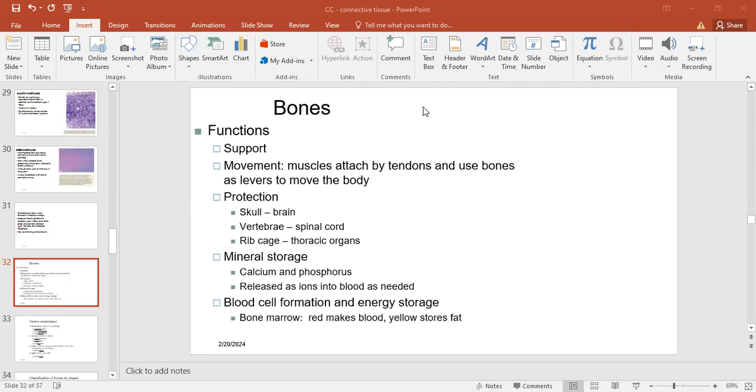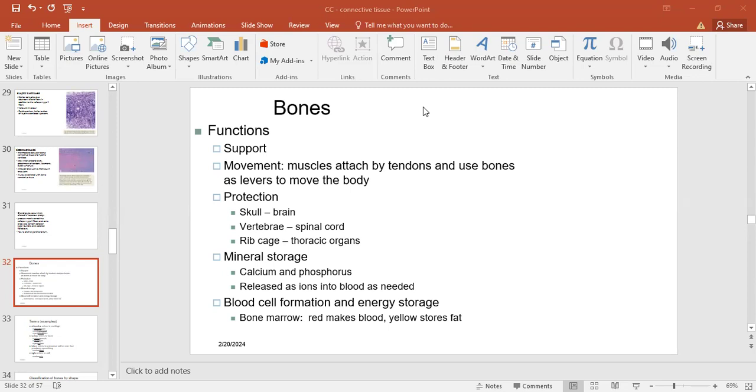It is because of the bones and their attachments to the muscles that the body is able to move from one place to another. Protection. The bones are the ones that are specialized for protecting soft tissue organs such as the brain, the spinal cord. All these are enclosed in those small, nice cavities where they are nicely protected.